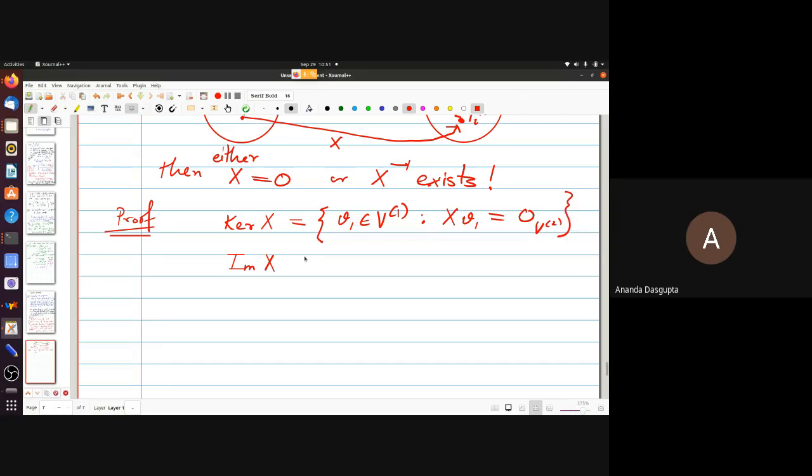It's obvious which 0 you talk about. The image of X is, of course, all v2 belonging to capital V2 such that there exists v1 belonging to capital V1 where v2 is X v1.